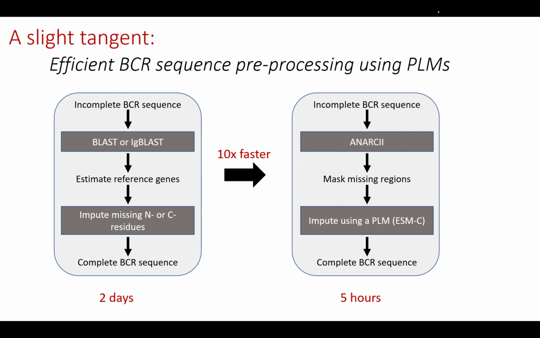It's not a very big model. It's about 600 million parameters, so it fits on most GPUs, and it's free to use. It doesn't have some of the restrictions that they have on the ESM3 family. But really, you could use any ESM here, or any language model, and it will work reasonably well. And this gives you a 10x speedup.